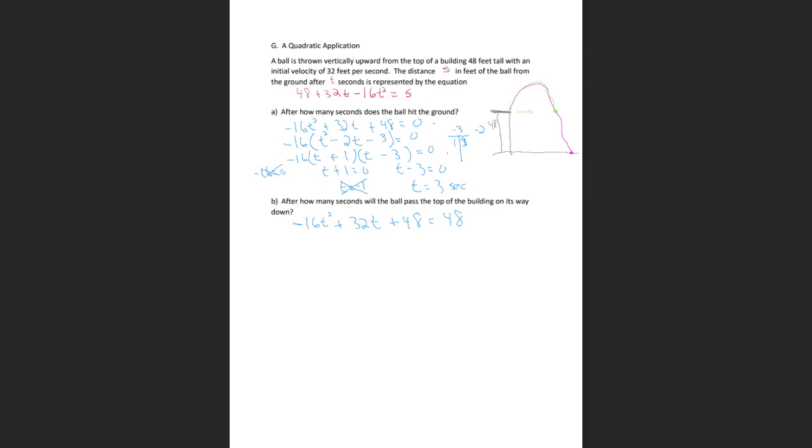So we need to set this quadratic equation equal to 0. I need to lose a 48 here as long as I lose a 48 over here to set it equal to 0. So the 48 and the negative 48 will 0 out.